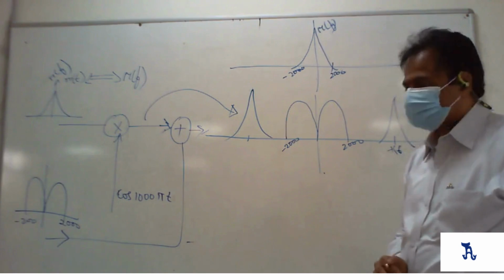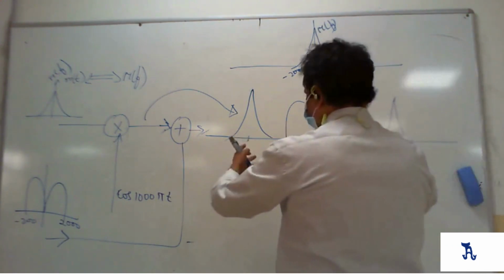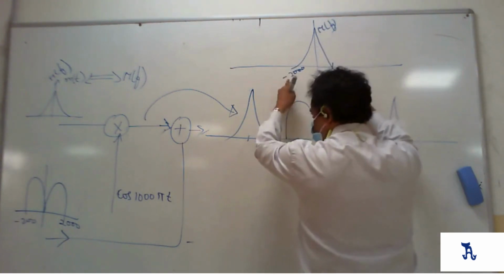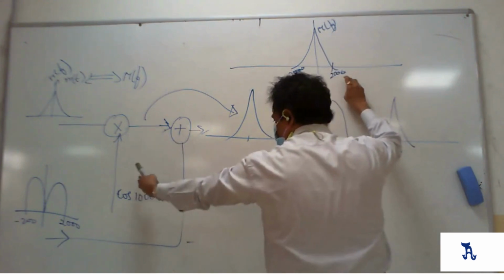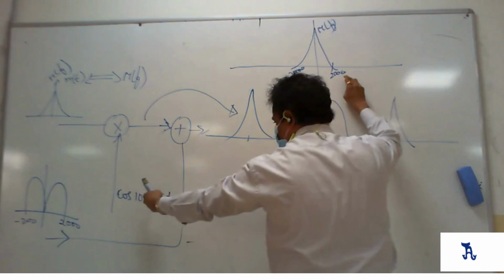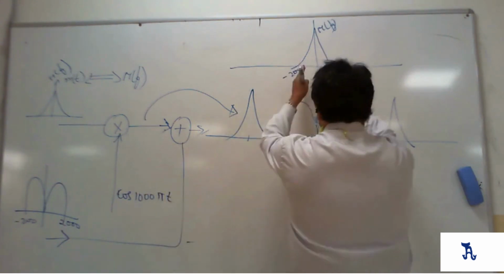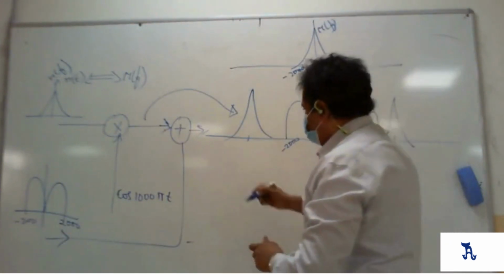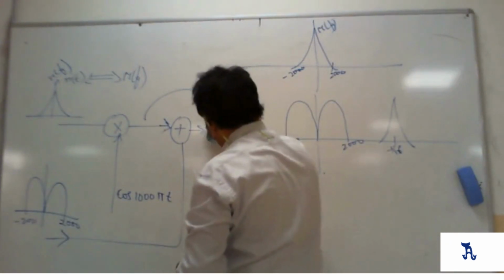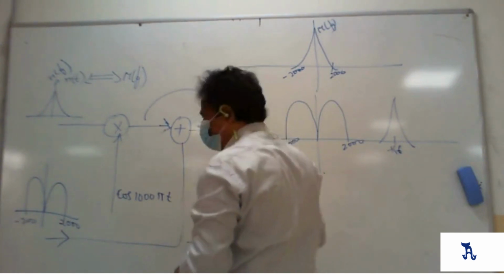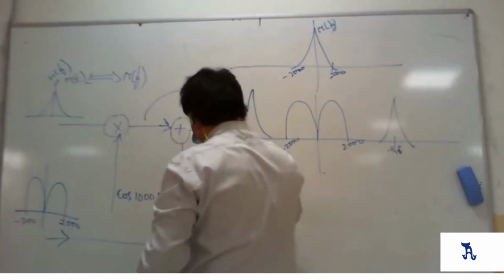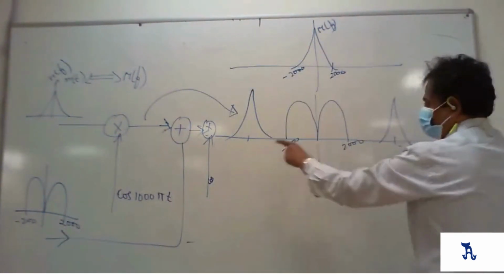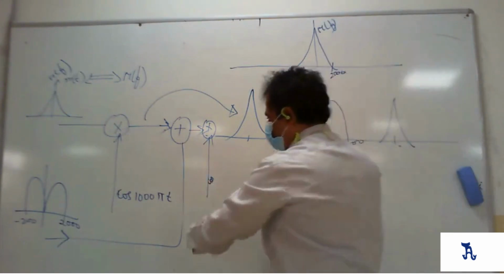I understood this. Okay. Now see what happened. This spectrum is passed through this multiplier with the multiplication of cos 1000 pi t, this has come here and this entire thing has come here. Now see here, I'm going to multiply one more with another cos, okay. Now this is shifting to which frequency?